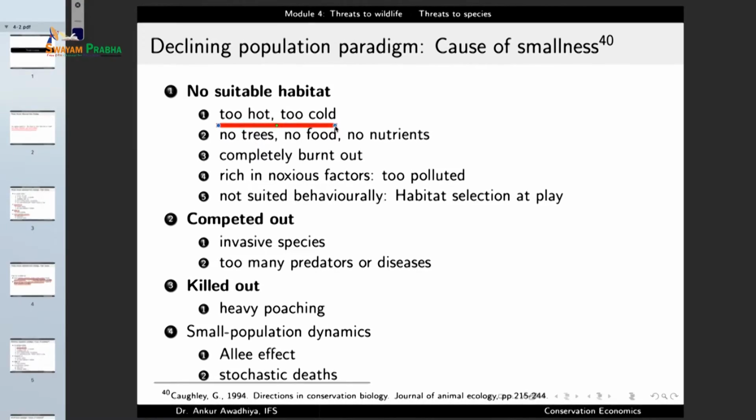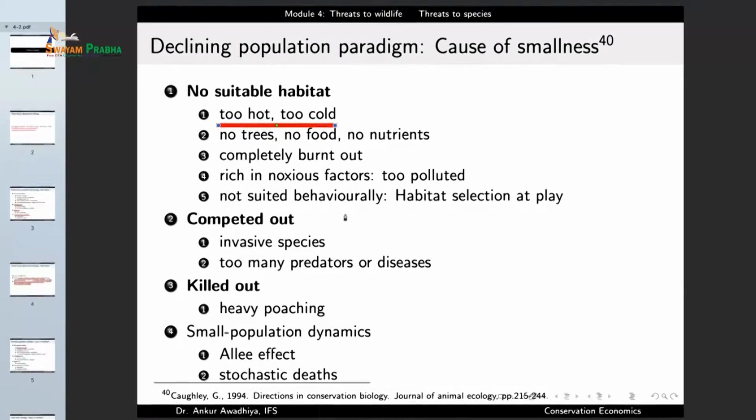If climate change is occurring in an area, then it is possible that the habitats become too hot or too dry or too wet. And when such a scenario occurs, then it is possible that the large size populations will now be pushed towards smallness because they are not getting sufficient food, they are not getting sufficient suitable habitats in which to thrive.